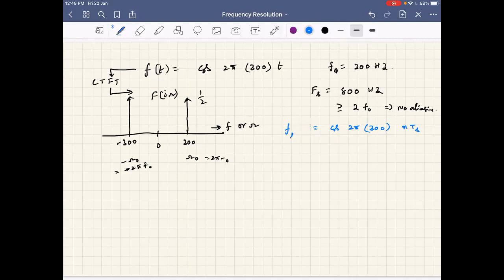Let me write the intermediate step before I move on directly to writing the discrete signal. fs of t is nothing but f of t multiplied with the delta train, the sum of delta of t minus nTs, where n equals minus infinity to infinity. This is the sampled signal fs of t.